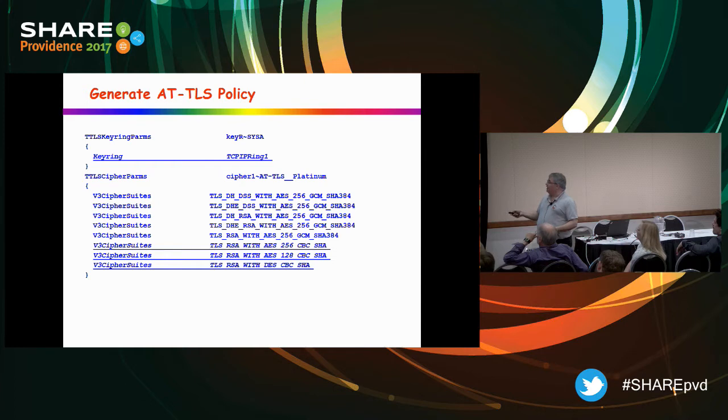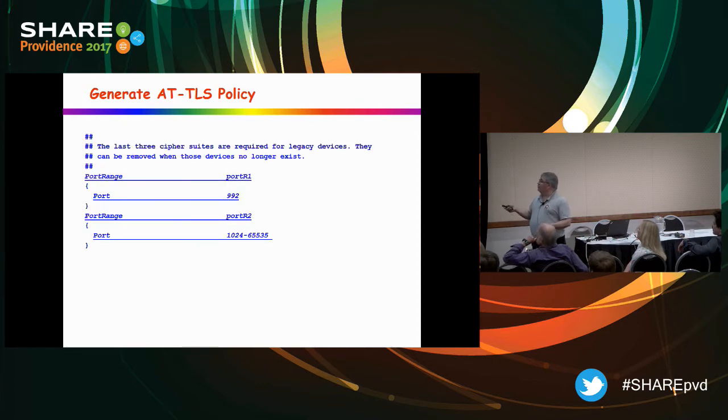Now, the reason I have these in here that are AES 256 with SHA-1 or 128 or DES with SHA is that you may have older devices that cannot connect with TLS 1.2. Until you remediate those devices, you're going to have to support them, so you may have to have lower cipher suites here.